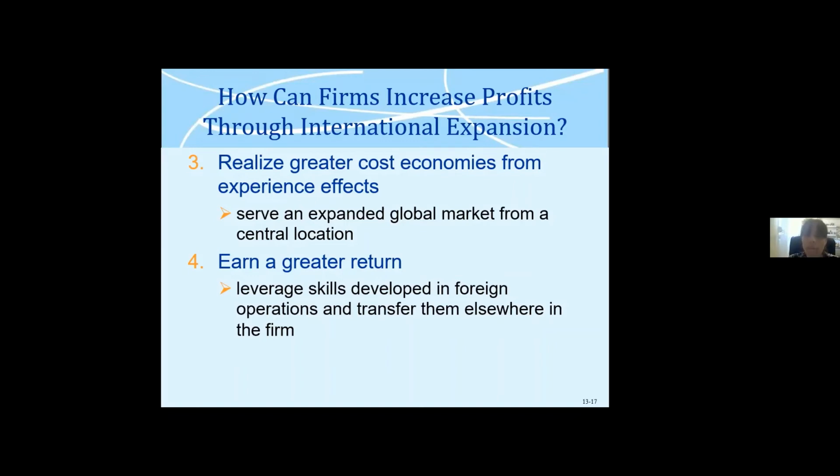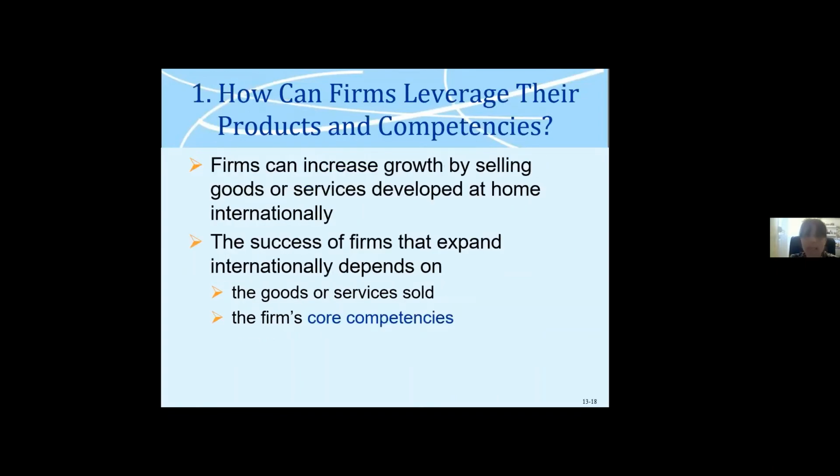So starting with the first possibility, to leverage products and competencies, we can say that a specific firm, a specific enterprise, can increase its growth rate by taking goods or services that are developed at home and selling them internationally.